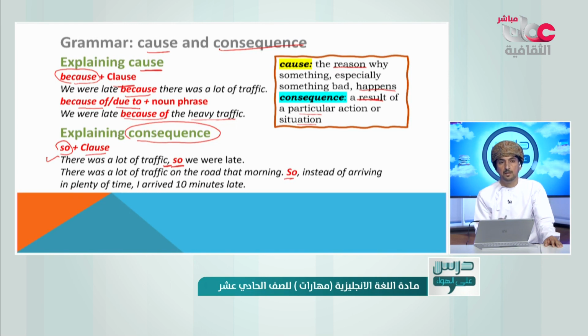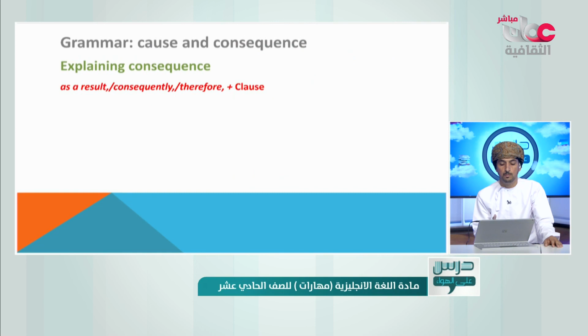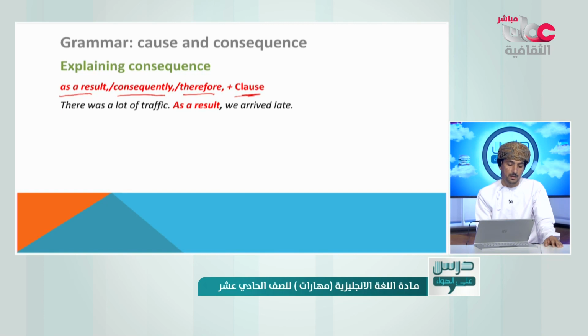I want to say that we use so in both formal and informal writing. But for formal writing, we mostly use as a result, consequently, or therefore, plus a clause. See the examples. There was a lot of traffic. As a result, we arrived late.